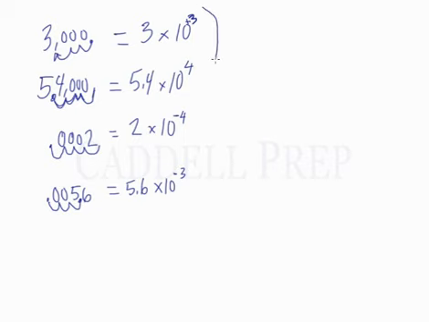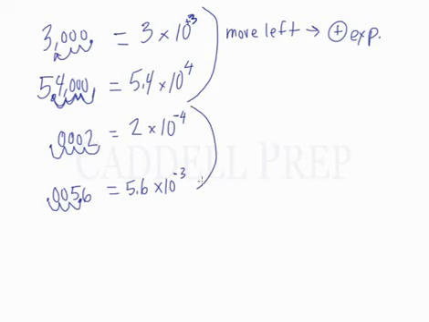Another way you could think about this is if we move the decimal to the left, then that means we're going to have a positive exponent. If we move the decimal to the right, then we're going to have a negative exponent.